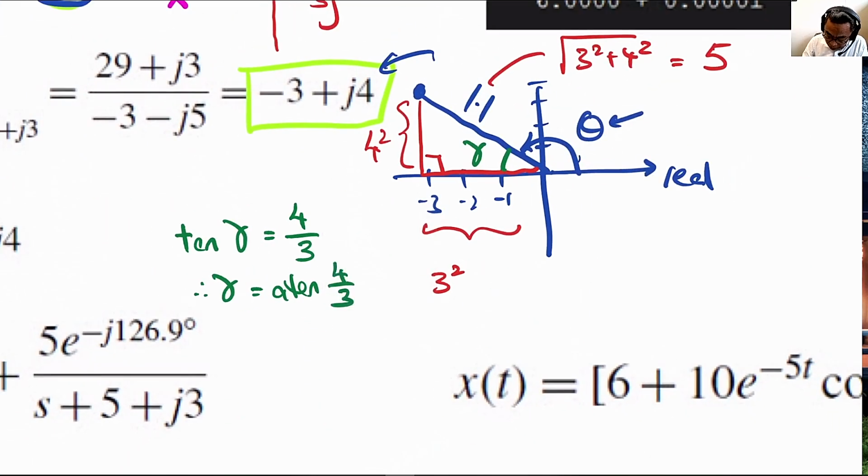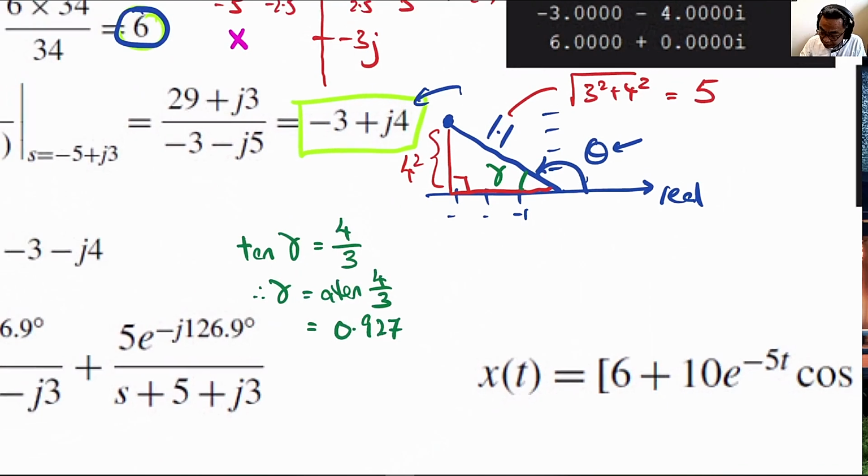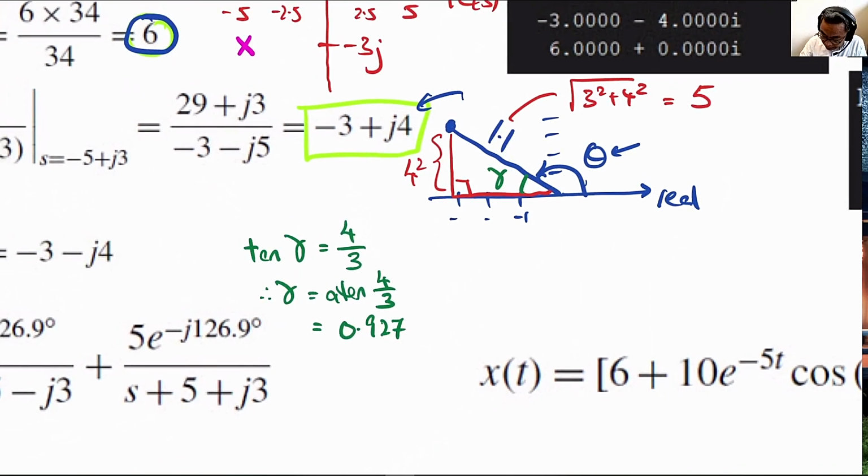In radians, it is this value here, 0.927 radian. But we're interested not in gamma, we're interested in theta.